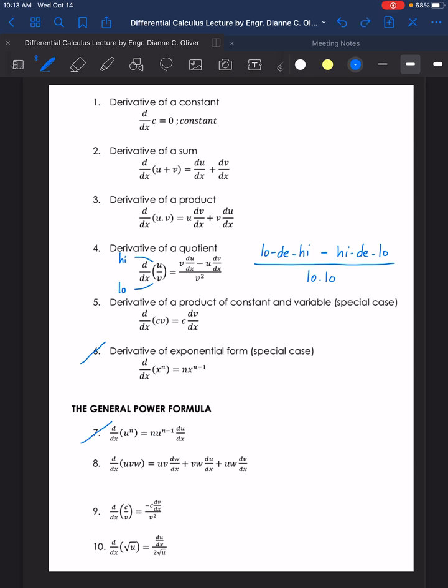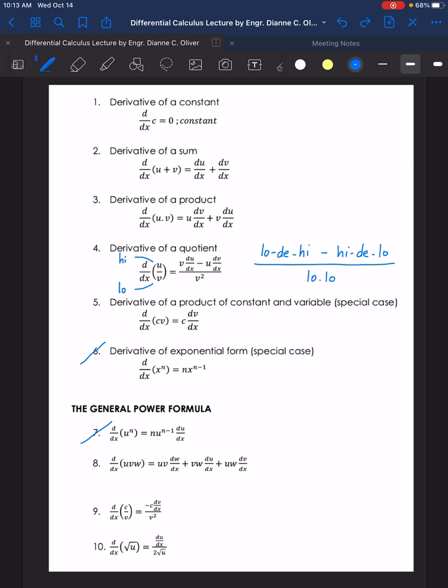Then, you copy the exponent. The exponent here is n. Then, you bring down the exponent. Then, the exponent minus 1. And then, the derivative of the base. Okay? So, that is the 4 steps.